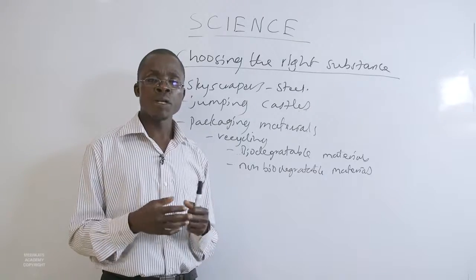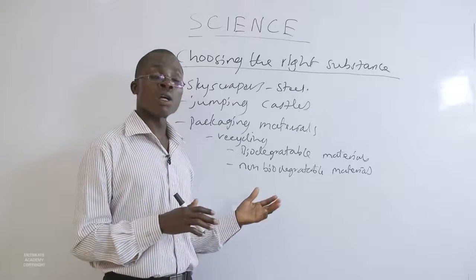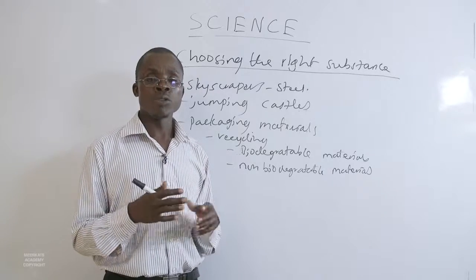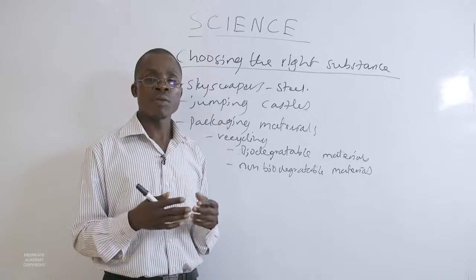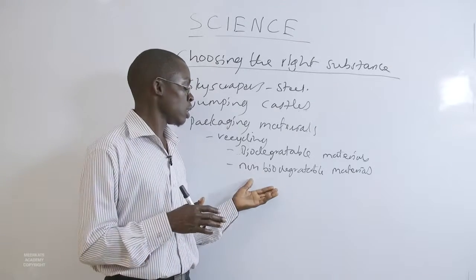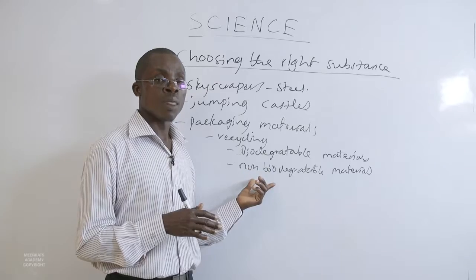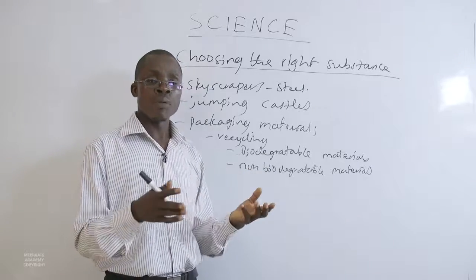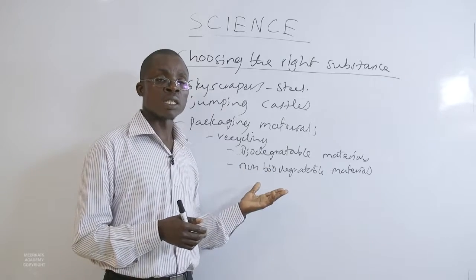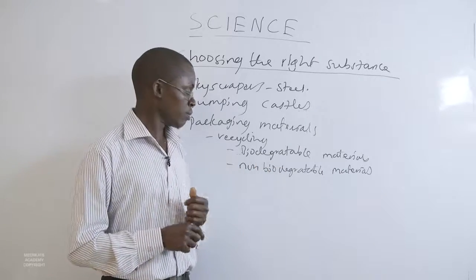And with time, you will find people complaining that now we don't have enough fish in particular areas where we used to imagine that we shall never have any deficit of fish, just because there is a deposition or dumping of materials that cannot be disintegrated within a short period.